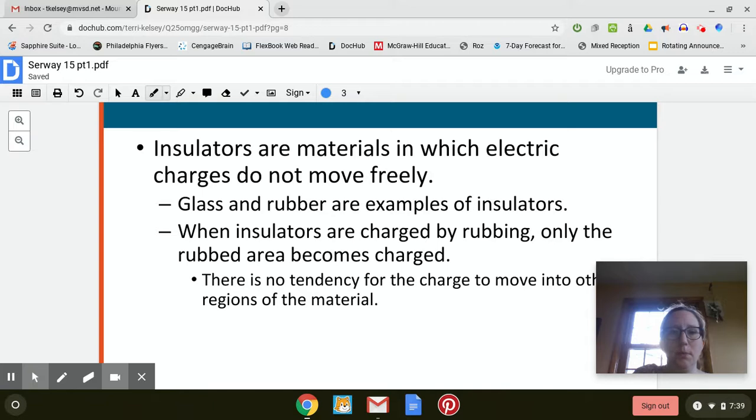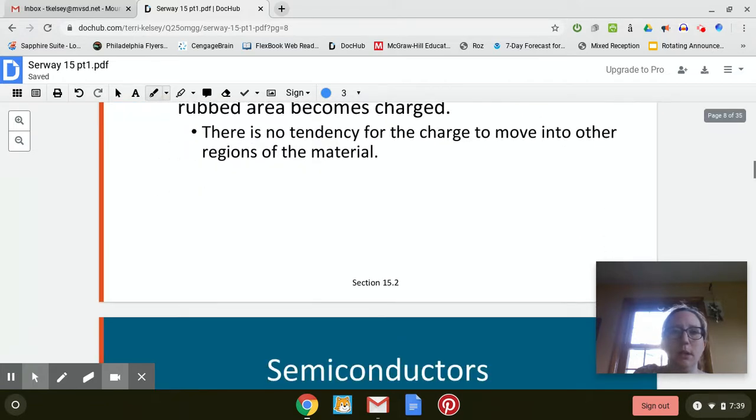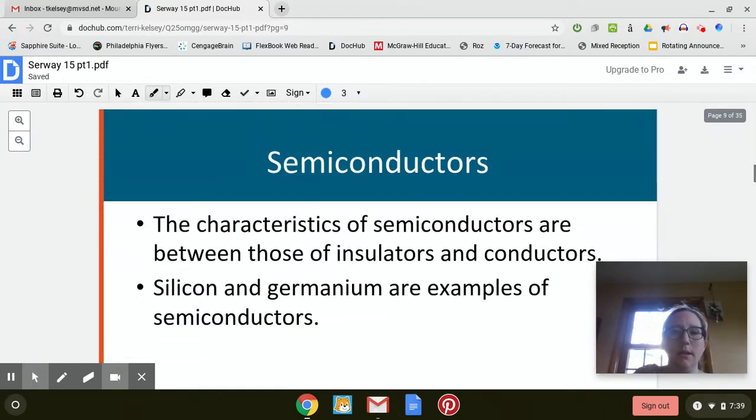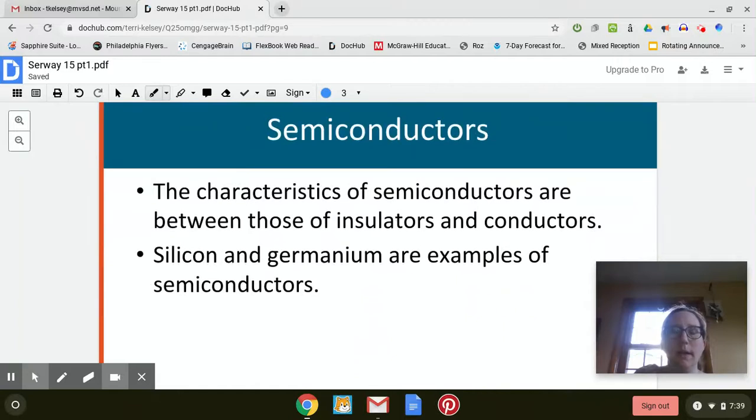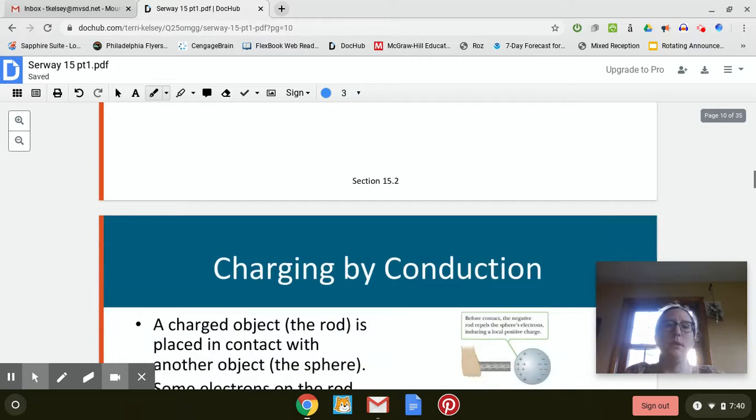Glass, rubber, most of the nonmetals, it's harder to get a charge. And then there are semiconductors, those things that show up on that stair-step line on the periodic table, and they can be either conductor or insulator depending, usually on temperature. Silicon and germanium are the two famous ones that we use for circuit boards.